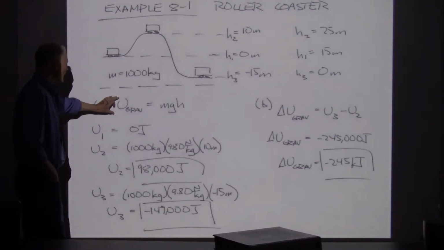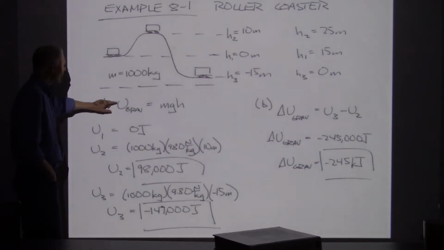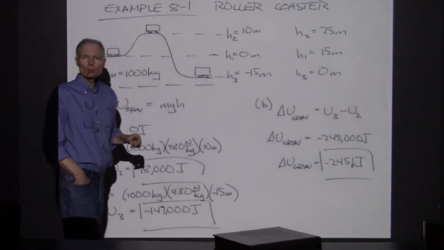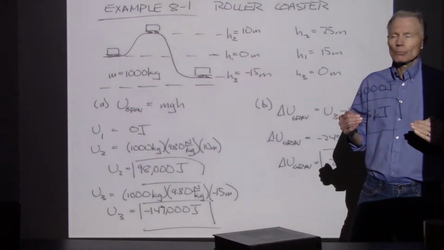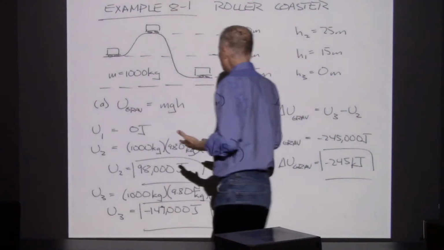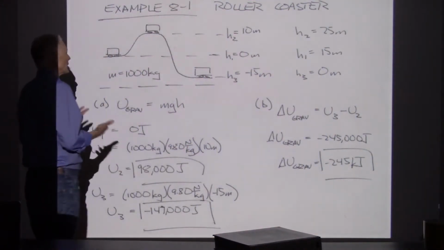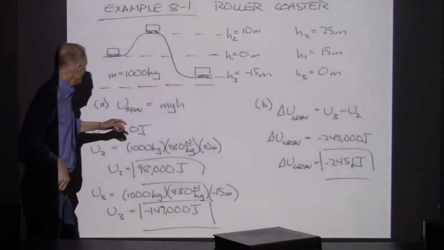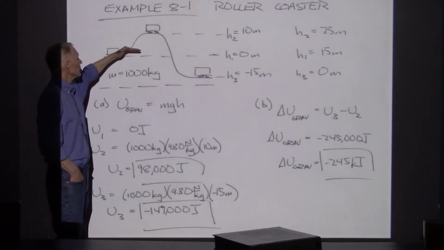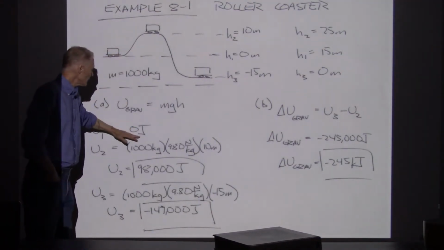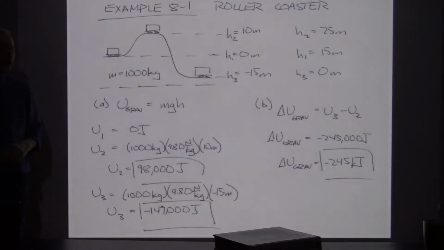Now at each one of these points, I can define the gravitational potential energy as being mgh, and again, we could be using mgy as notation. At position 1, the gravitational potential energy, we're going to define that as 0 joules.